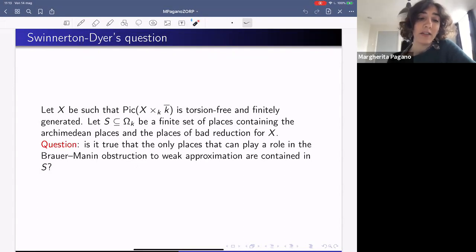But then he asked, is it true that the only places that can play a role in the Brauer-Manin obstruction to weak approximation are contained in S? So the question is: is it true that if we put this additional condition on the Picard group, then for every place with good reduction, the evaluation map is constant?